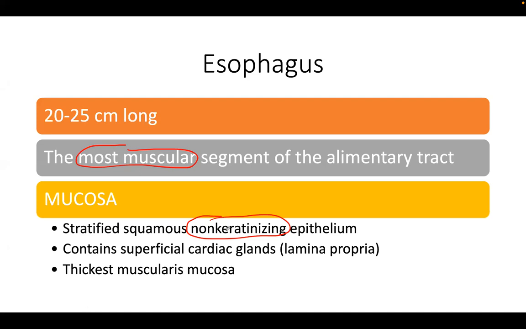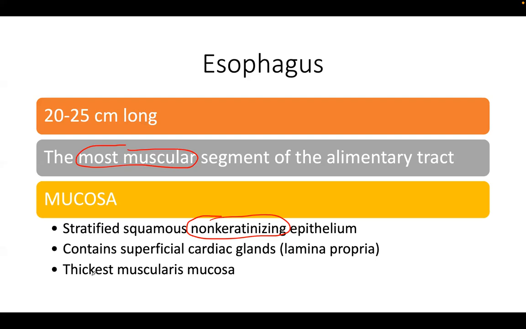Can you tell me what organ is keratinized? This is a no-brainer. It's the skin. So stratified squamous keratinized is the skin. Stratified squamous non-keratinized is the esophagus.